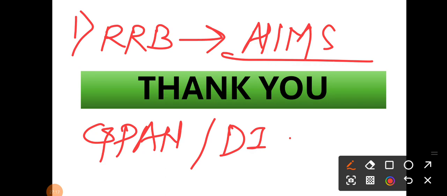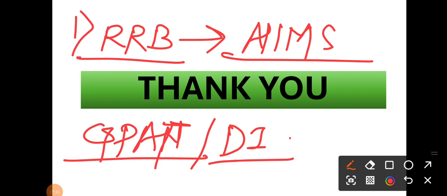Depending on the exam, like for RRB we will go superficially for the classification, the mechanism of action, and the adverse effects. And for your GPAT exam or drug inspector exam, some chemistry part is also involved. So you have to go simultaneously with pharmacology and medicinal chemistry.